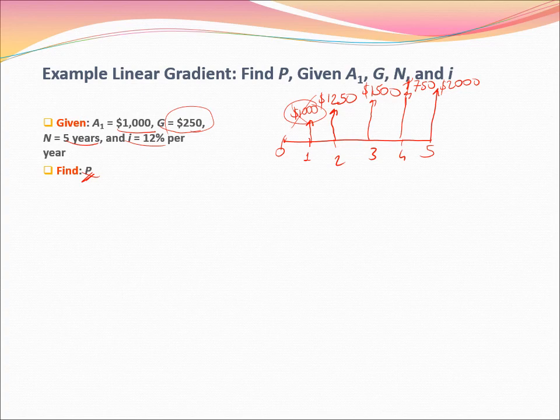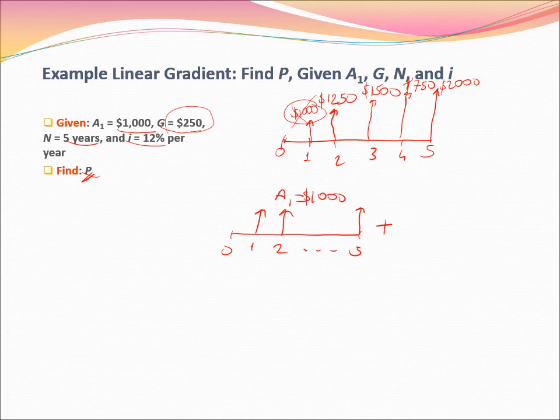And simply for this example, we will do this. At each period, starting from 1 up to 5, there will be a constant cash flow of A1 equal to $1,000.